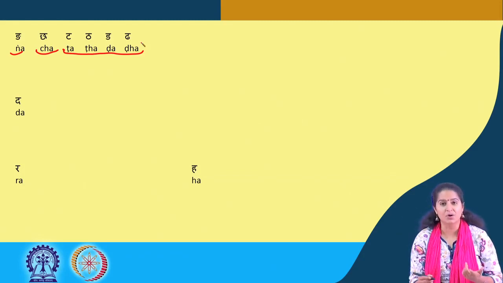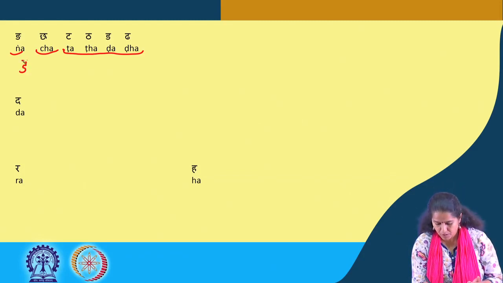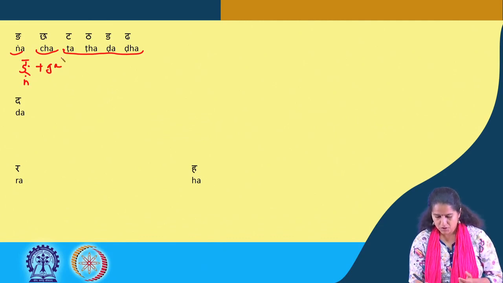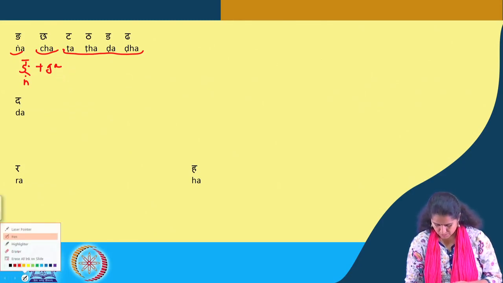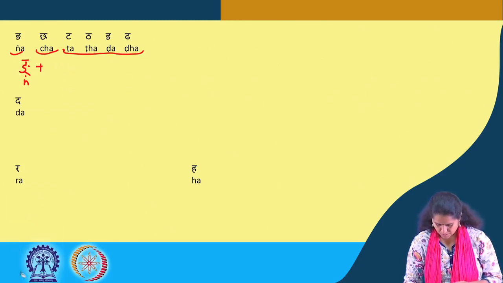So if you have the sound ng, so ng, half of that, so that's the transliteration for ng plus g. So it becomes ng, g.